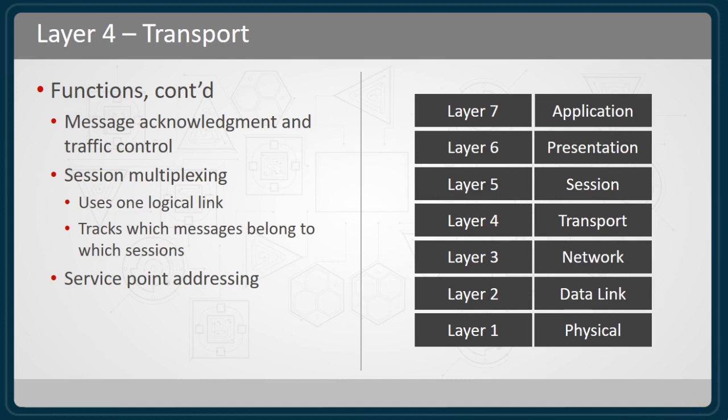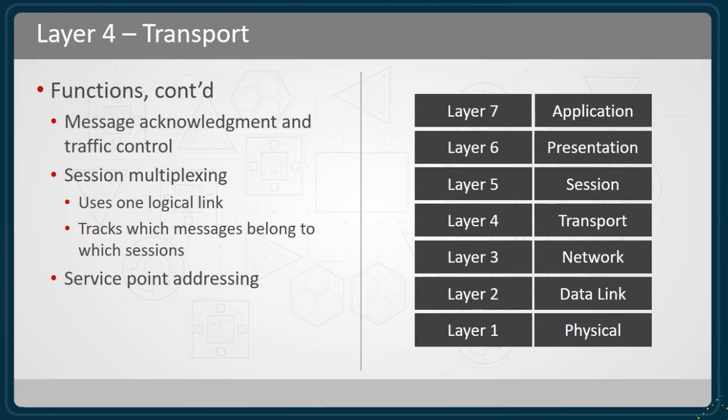So it multiplexes those connections together over one logical link, and it tracks which messages belong to which sessions. And it also implements what's known as service point addressing, when you may still have just two systems, but there can be several applications in use at the same time that are all communicating with that other system.